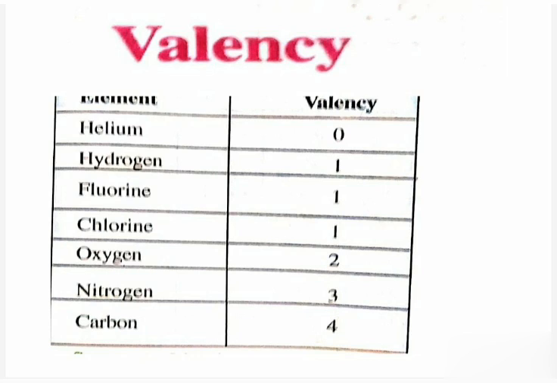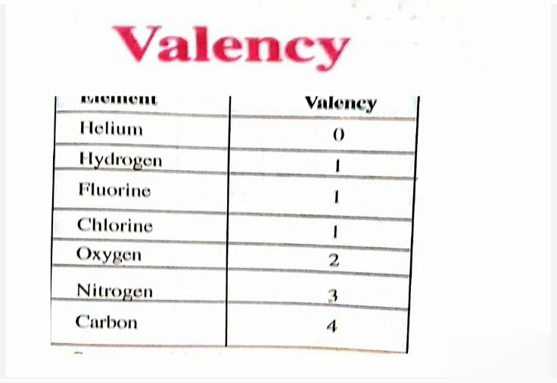Now how are these arranged in the atom? To explain the arrangement of electrons, protons and neutrons, different scientists proposed different models. One model is the J.J. Thomson model, another is the Rutherford model, and another is the Bohr model. According to these models, protons and neutrons are present in the center of the atom, called the nucleus, and electrons revolve around the nucleus in circular paths called energy levels or shells.